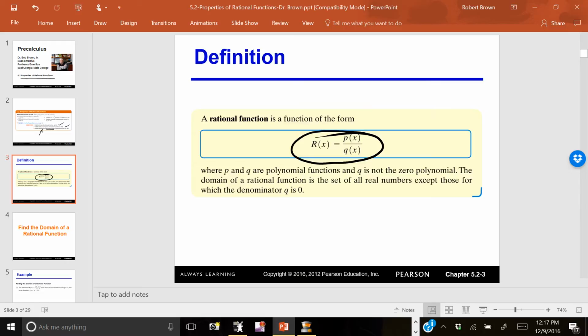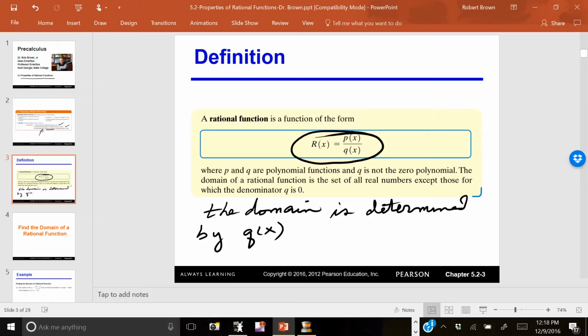And one of the things you ought to take note of is that the domain is determined by q of x, the denominator. Basically you want to look and see whether q of x has any zeros. If it's zero, then those zeros are not in the domain.